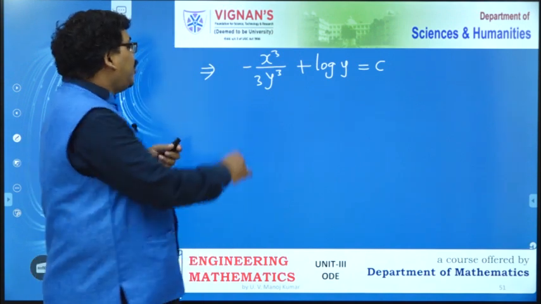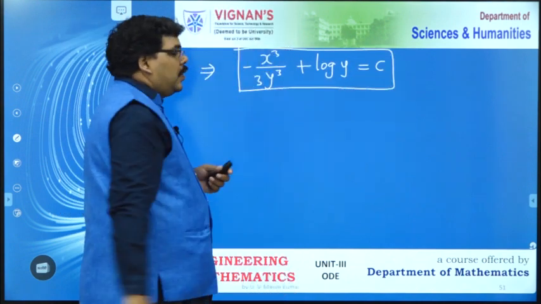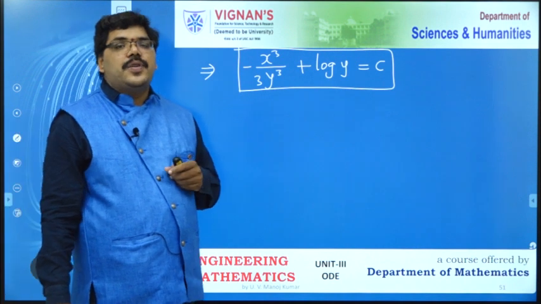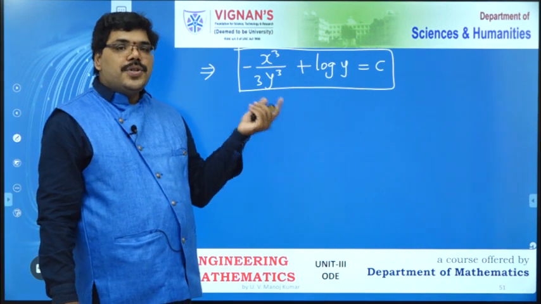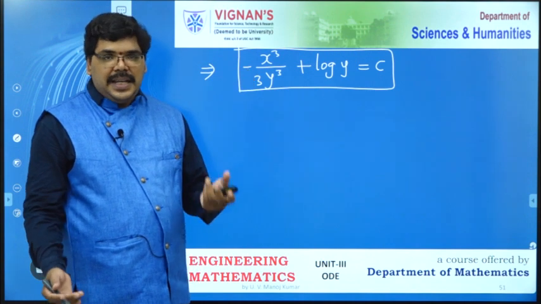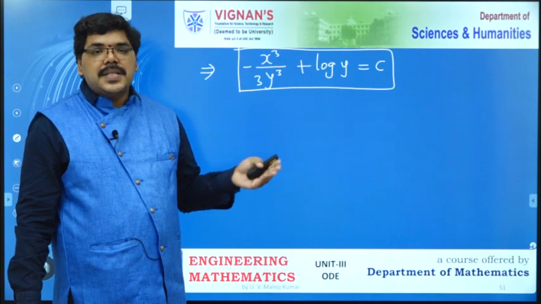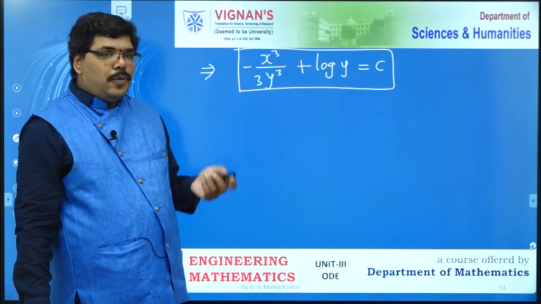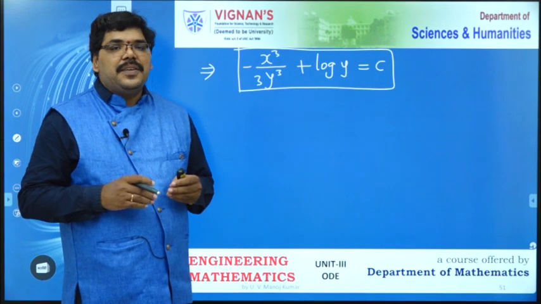Sir, this is solution for equation number 2. I want to find solution for equation number 1. Is it a solution for equation 1 also? Yes. Why? What is the difference between first and second equations? Only integrating factor. I am multiplying both sides with integrating factor.